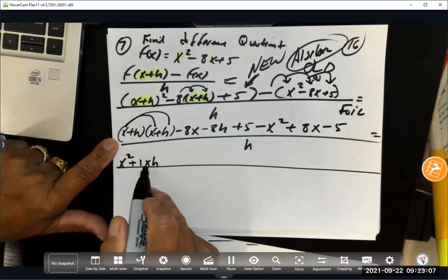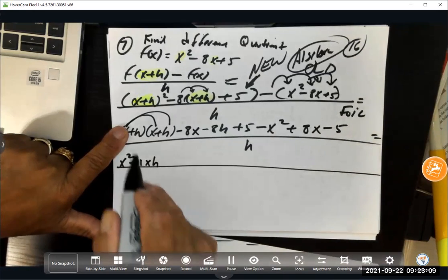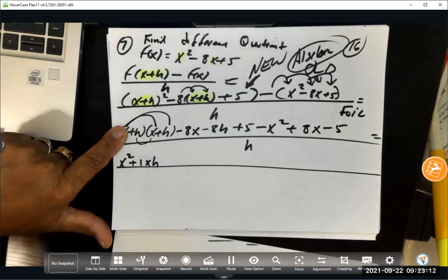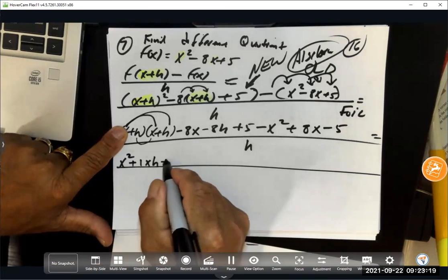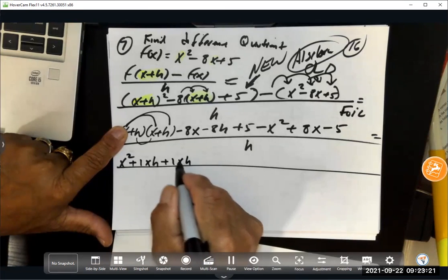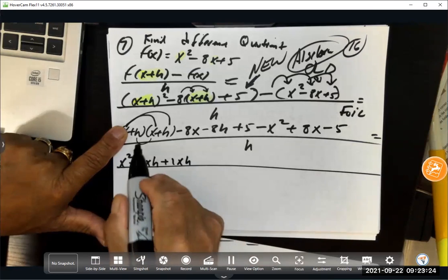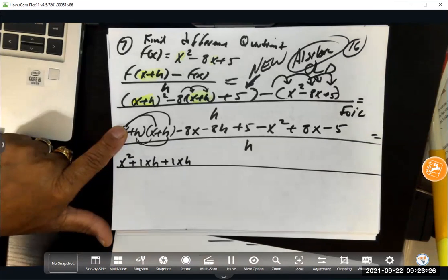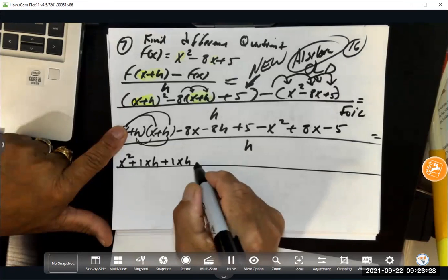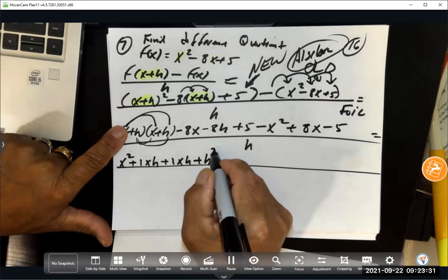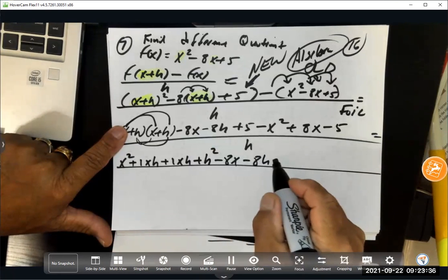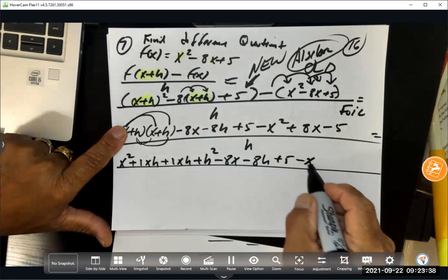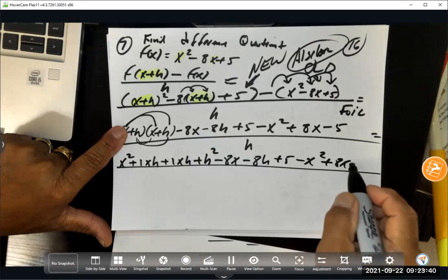X times h is 1xh, or xh. Now this one, what about x times h again? What do you think that's gonna be? Is that xh again? Yeah, so I'm just gonna write it this way. If you flip them, it doesn't matter, it's the same answer. The last one, h times h. What do you think h times h is? H squared. Okay, so let me write this down. Plus h squared minus 8x minus 8h plus 5 minus x squared plus 8x minus 5.